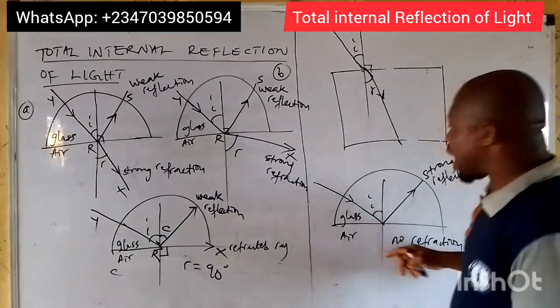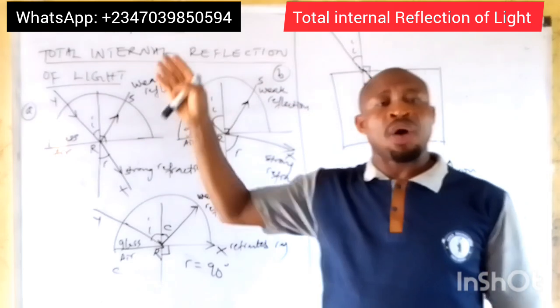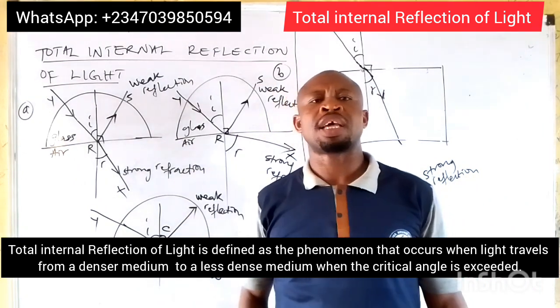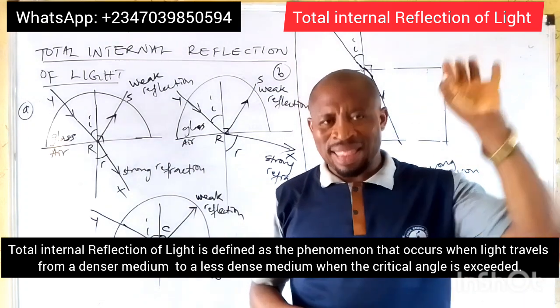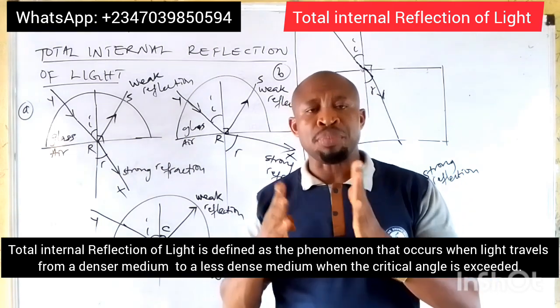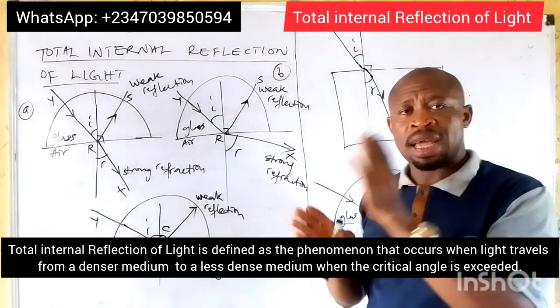So at this point, we can define total internal reflection of light as a phenomenon that occurs when light travels from a denser medium to a less dense medium and the critical angle is exceeded.